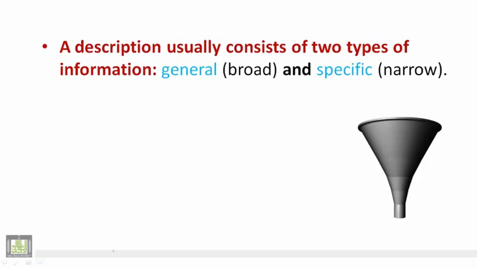The first type is general information, and usually we start with general information at the beginning of the description, then we move to the second type, which is specific or narrow description, after giving the general information.